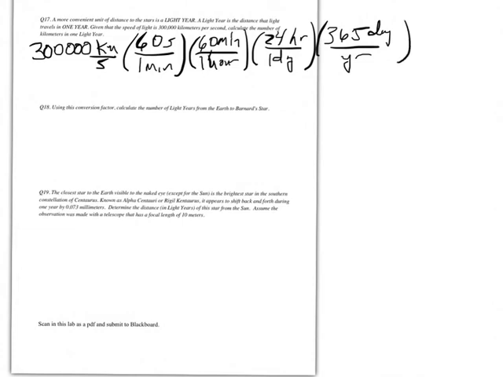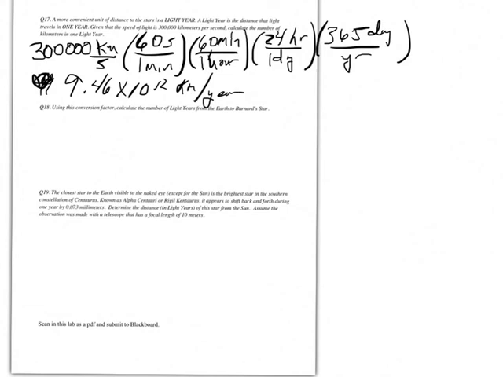So we multiply that out, and we know that the speed of light is 9.46 times 10 to the 12th kilometers in a year.